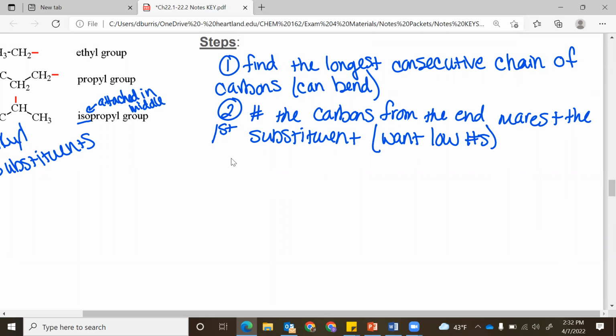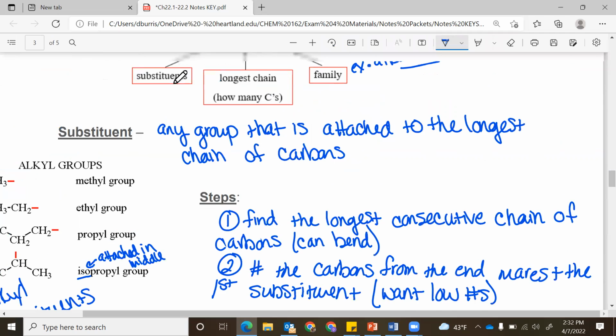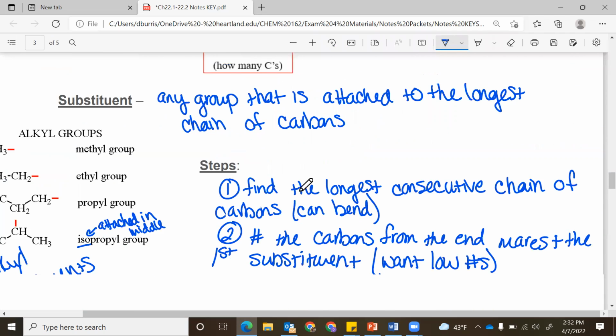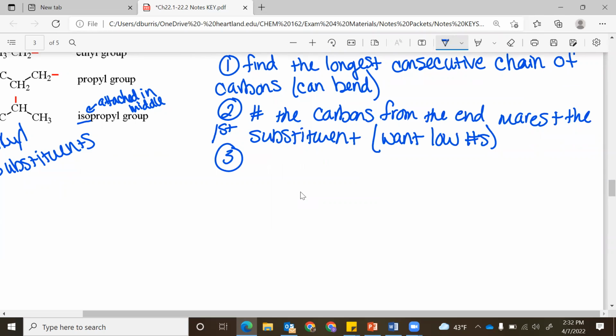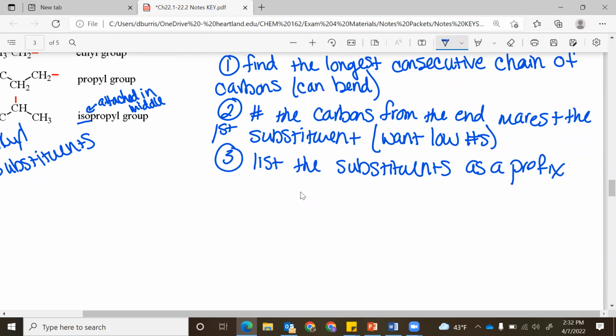Okay, so if I have a methyl group stuck on there, I want to start numbering closest to the methyl groups. Okay, so when we order these in our name, right, the substituents come first. So you're going to actually list those out first and which carbons they are on. So you list the substituents or groups as a prefix with the carbon number they're attached to.